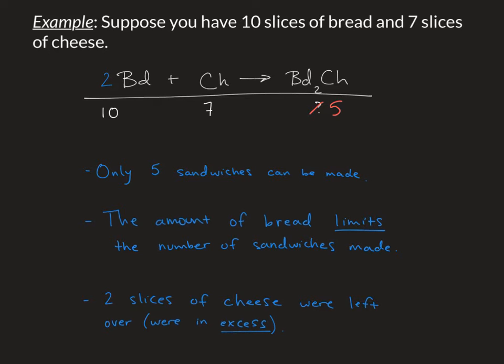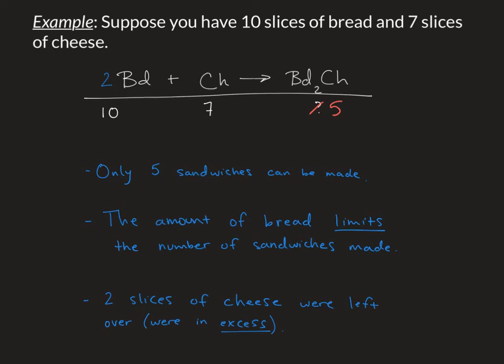The amount of bread limits the number of sandwiches that we can make. As a result, when we use 10 slices of bread, we end up using 5 slices of cheese. That means that 2 slices of cheese were left over. We have them in excess, or they're extra.